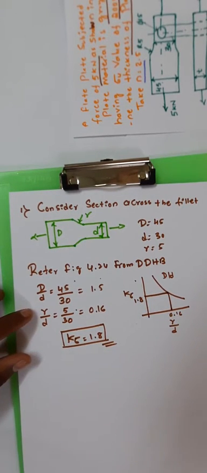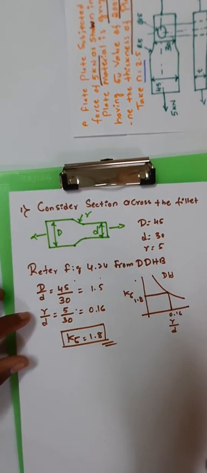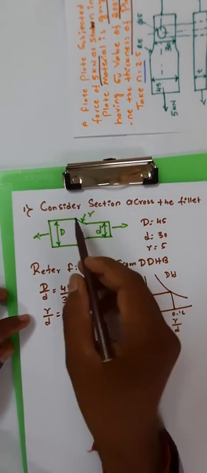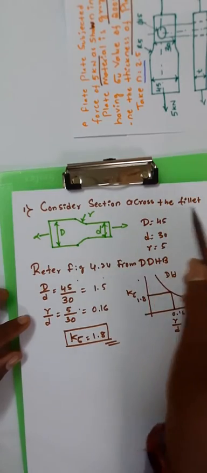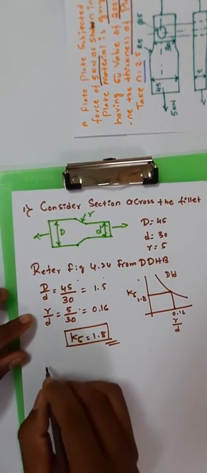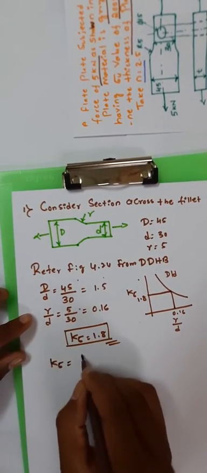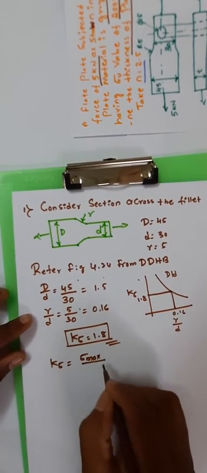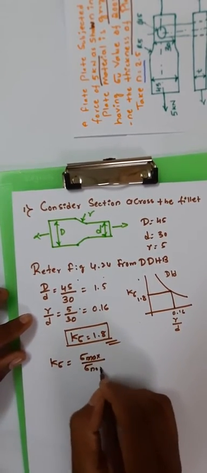In the same way, you can find out the maximum stresses by using this stress concentration factor. Then we can find out the thickness with respect to the section considered across the fillet. You can see here K sigma is equal to sigma max divided by nominal stress.